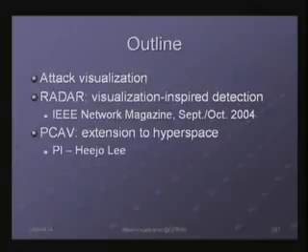And the third part is sort of an extension to an earlier work. I'm not working on this, but my colleague at Korea University is on it. It's called PCAV, Parallel Coordinate Attack Visualization. So we'll talk about these three topics in this talk.